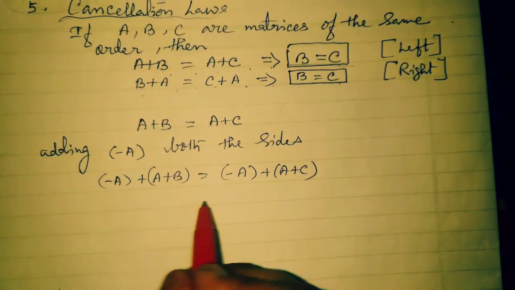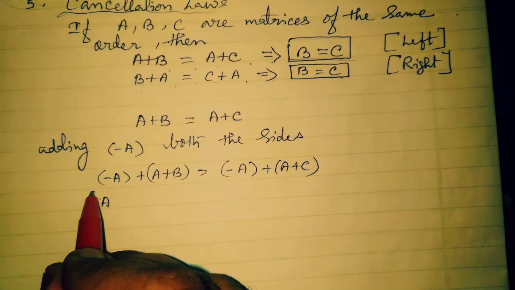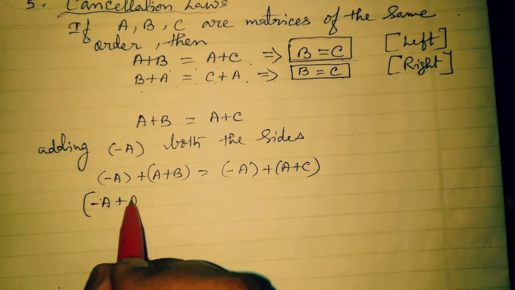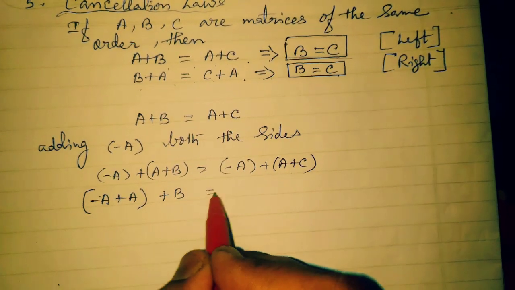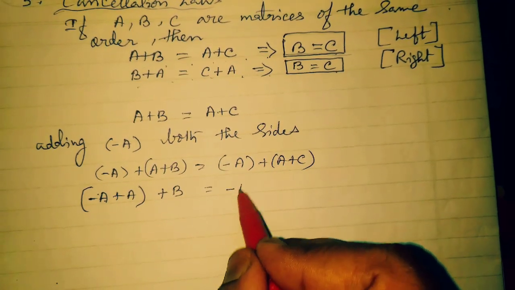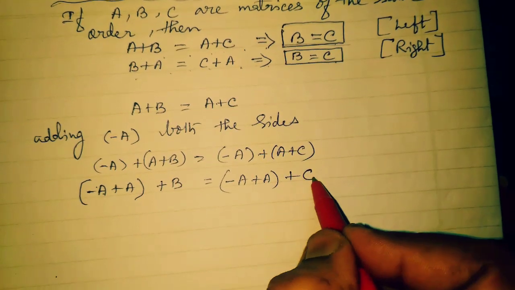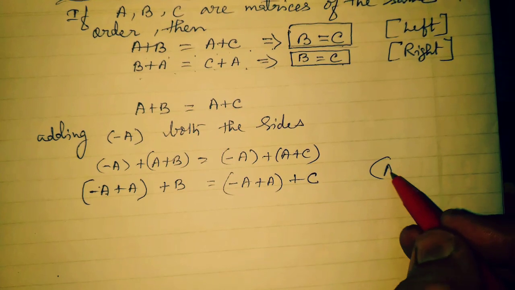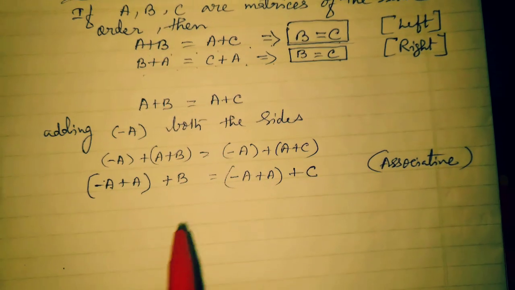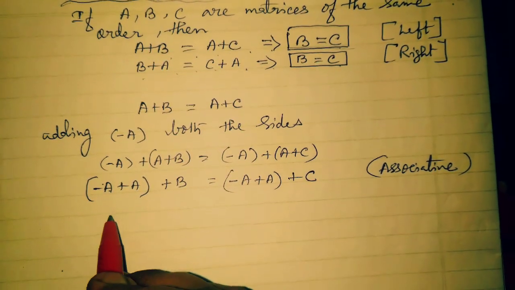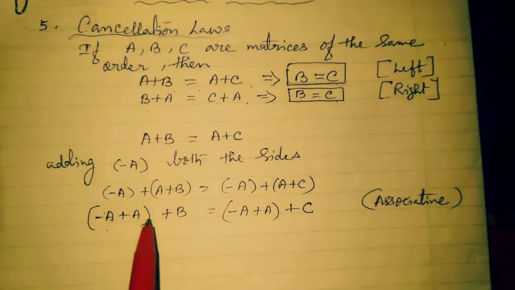If we apply the associative law of addition, we get (minus A plus A) plus B, and here also (minus A plus A) plus C. Minus A and plus A, we know the existence of the inverse, which you have already done.